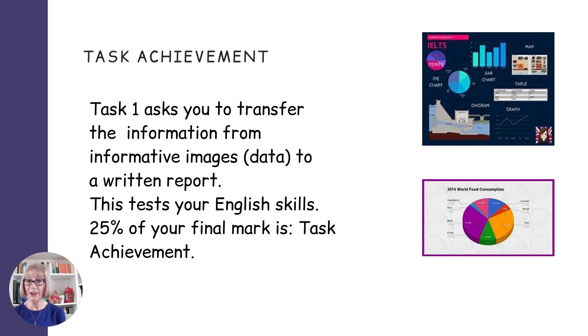So a key skill you need here is what we would call visual literacy. Can you read a diagram? That might be a map or a pie chart or a bar graph, but can you read one? So something you could practice is just looking at data in your own language so that you learn what to look for and even to annotate for the most significant pieces of data that you're being given.